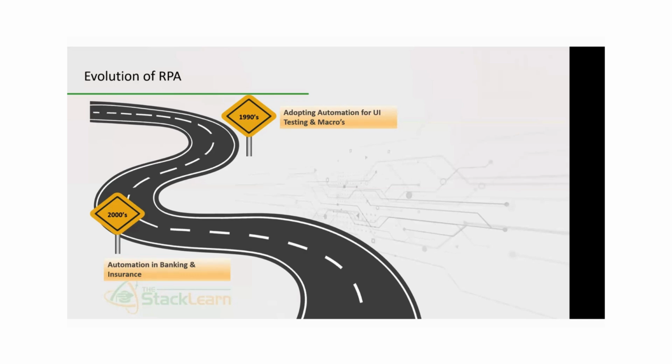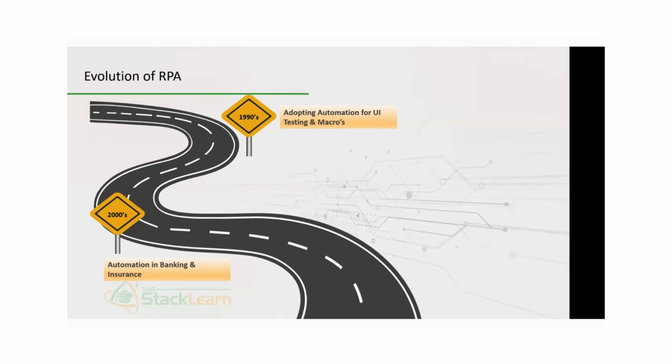Okay. So in 2000, as I mentioned, screen scraping came into the picture, and the first industry which adopted it was banking and insurance companies, since they have a huge amount of data and a lot of manual work was being utilized in the banking industry.